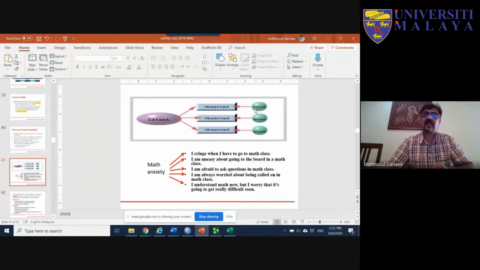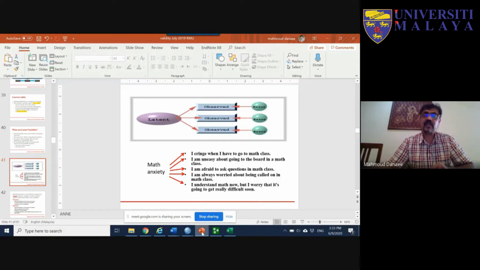Do you remember this slide? We said that the relationship between item and construct is not 100%. The item is not 100% explaining the latent variable. There is always bias. So the amount of loading means the amount of sharing of this variance to the latent variable. The rest is bias.